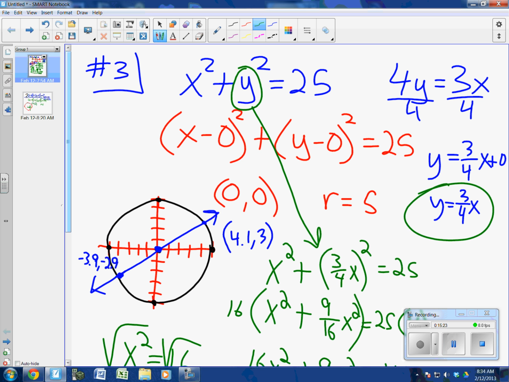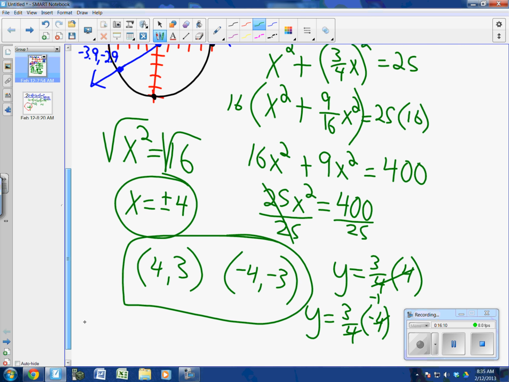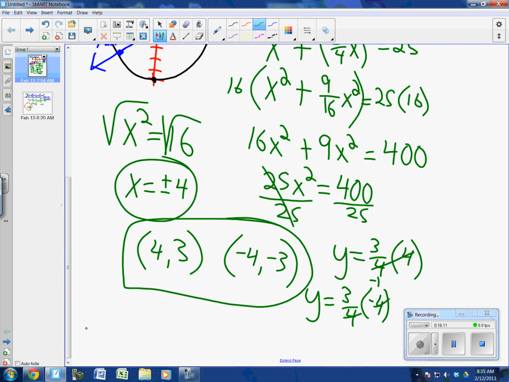I add 16x squared and 9x squared because they're like terms, to get 25x squared equals 400. I divided it by 25 to get x squared equals 16. And then I took the square root of both sides to get x equals positive 4 and negative 4. Okay? That gave me my x values. All I had to do to find my y values was plug it back into the y equals 3/4 x. And I got those. Do you kind of get the idea, Carissa?